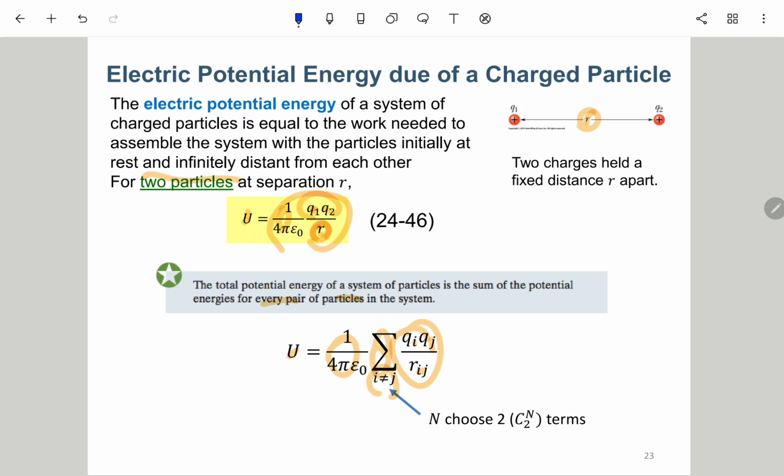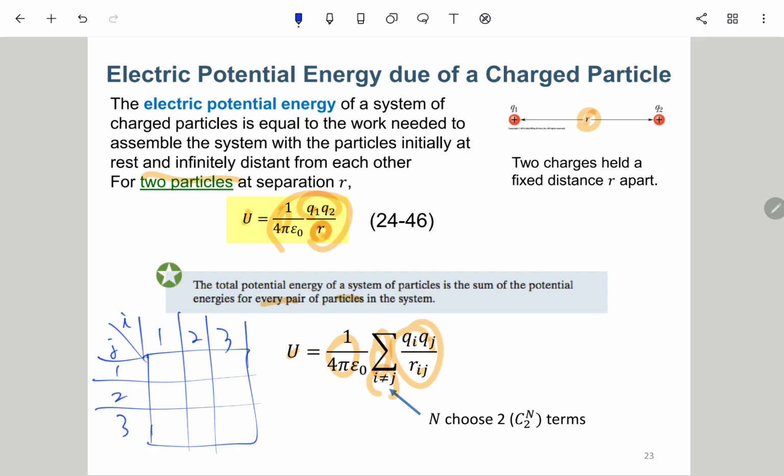The idea is, for example, suppose we have three charges, 1, 2, 3, with i and j from 1, 2, and 3.